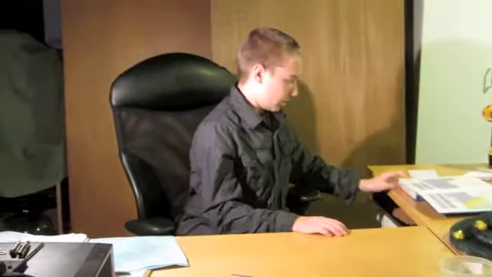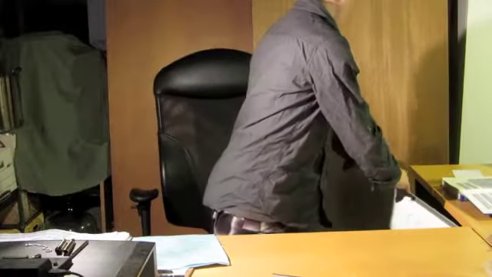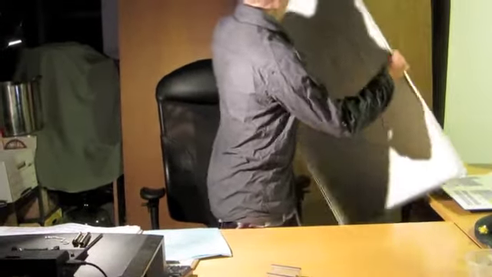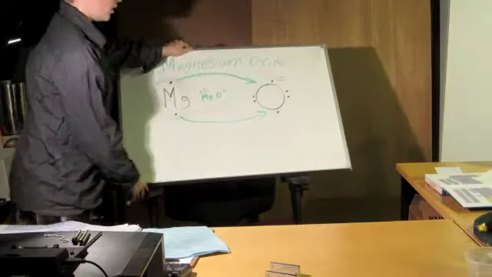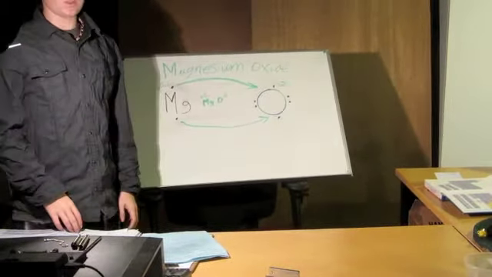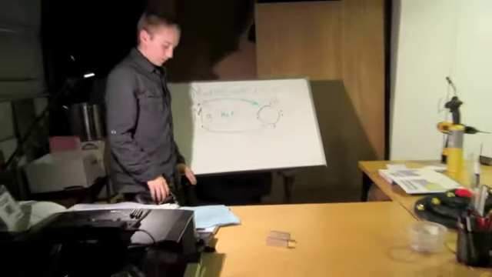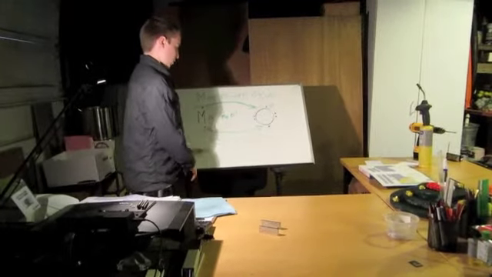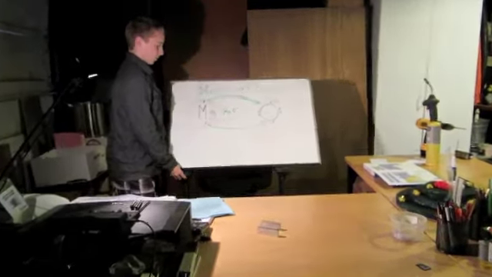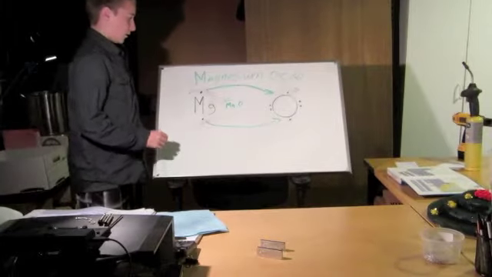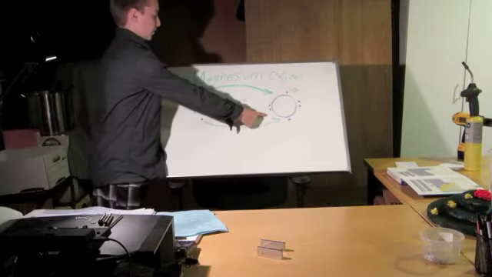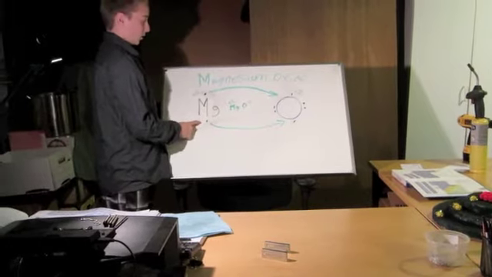Now, since there are elements, you can have combinations of elements. To get that, you can have ionic bonding, covalent bonding, and metallic bonding. First, we're going to talk about ionic bonding. We have magnesium and oxygen. Magnesium has 2 valence electrons.